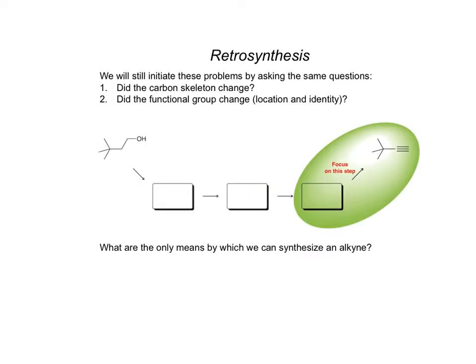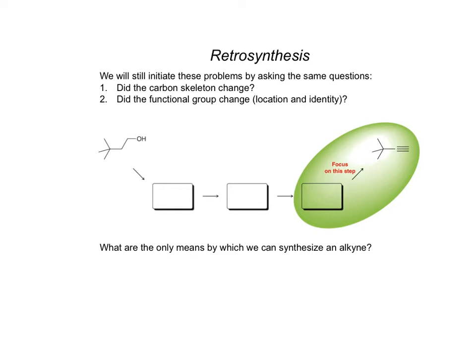Okay, so with retrosynthesis, we're going to continue to ask those same questions that we talked about at the beginning of the chapter. Number 1, what happens to the carbon skeleton? Do we extend the carbon chain? Does it decrease in carbons? And number 2, what happened to the functional group? Did it change location? Did it change its identity?